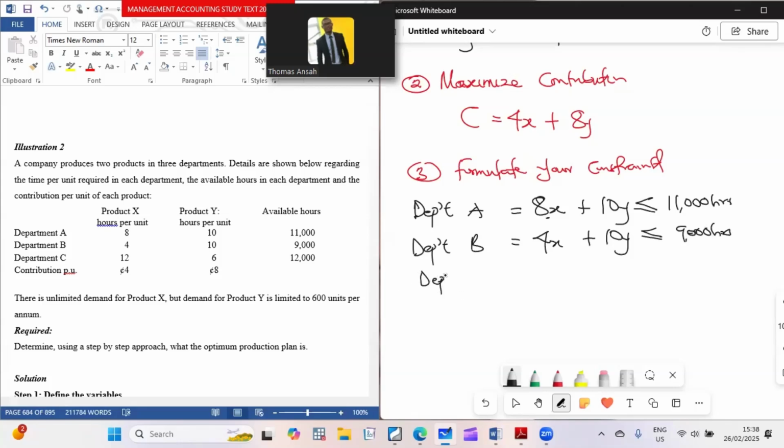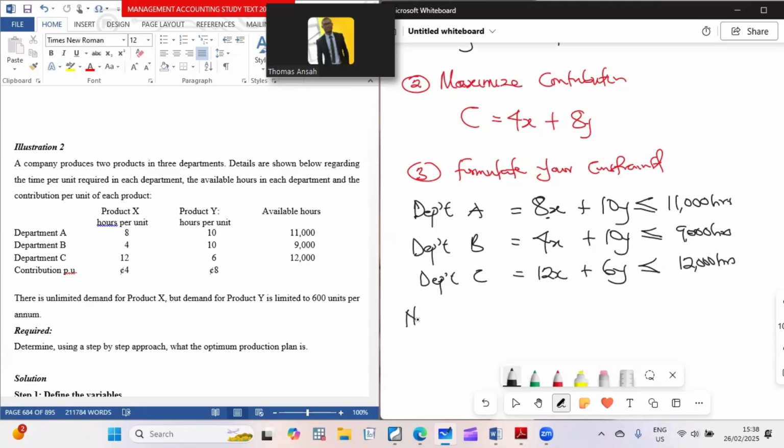Department C will be equal to, we have 12 of X plus 6 of Y, also 12,000 hours. So these are our constraints. Then you always have to give a non-negative constraint.